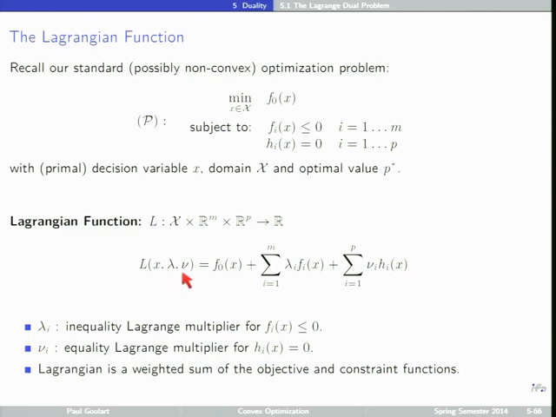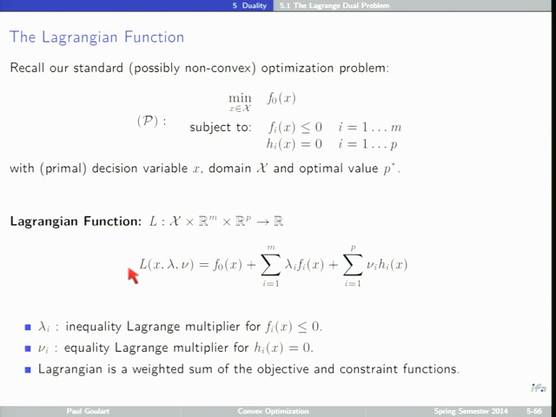But I can also think about this function as a function of both the x's and the weights. I call these weights the Lagrange multipliers for my problem. I have two types: the inequality multipliers, which multiply the f's, and the equality multipliers, which multiply the equality functions h. So this is just a weighted sum of all of the functions in my problem.